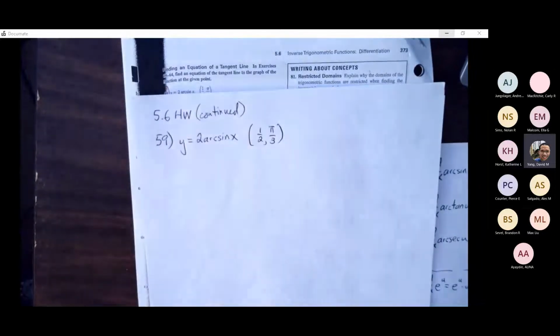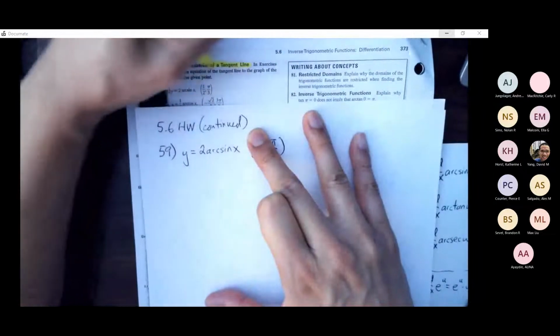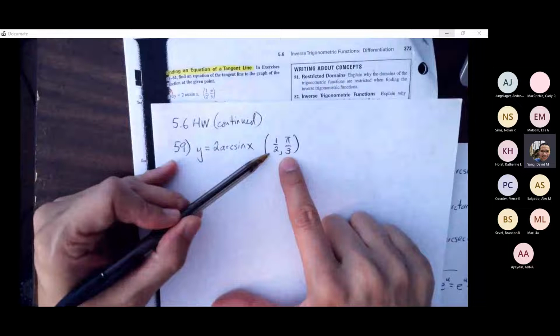Okay, find equation of tangent line. Those are the directions here. So that means we need to have ordered pair and slope. Well, the nice thing is the ordered pair is already provided for us, so we can hang on to that.